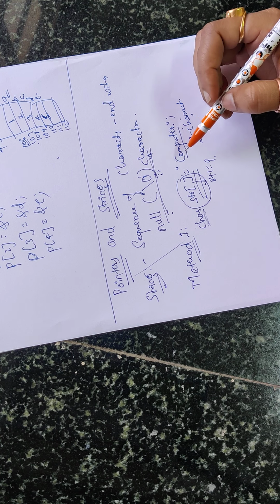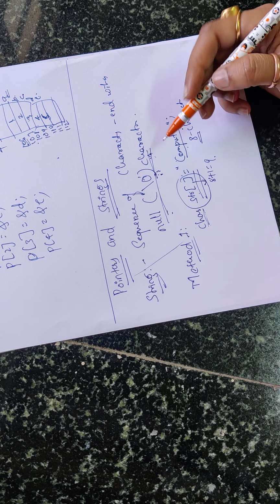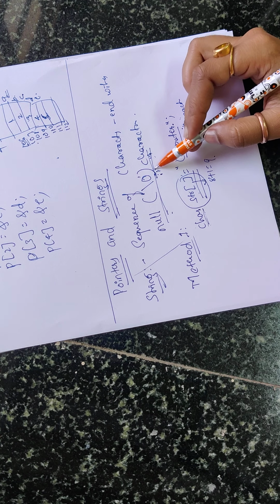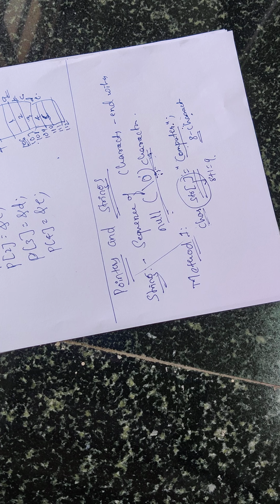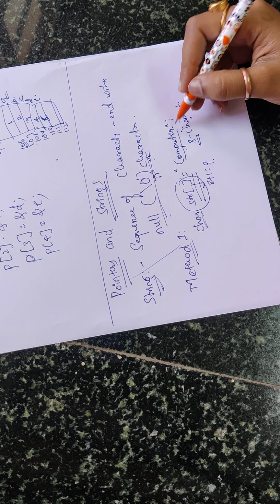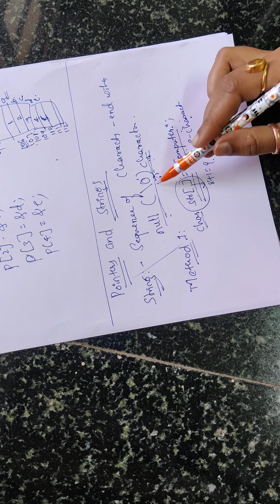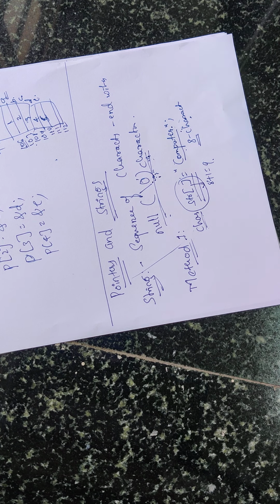When the compiler reaches this null character, it will understand that this is the end of the string. If there is no null character, then the compiler will go on searching whether it is the end or not. It will not get to know that exactly after R it is the end of the string. So when you want to tell the compiler that this is the end of the string, it is added with the null character.